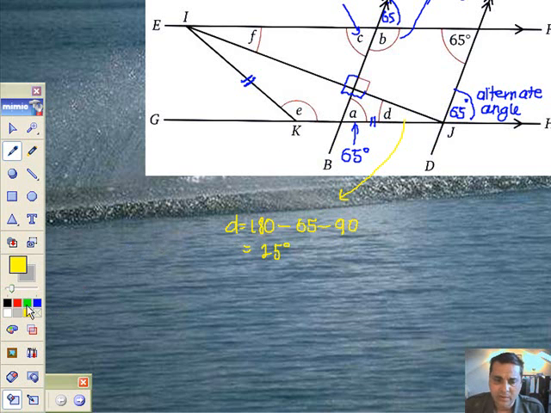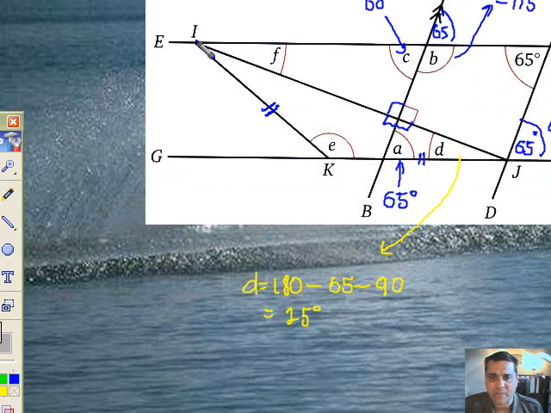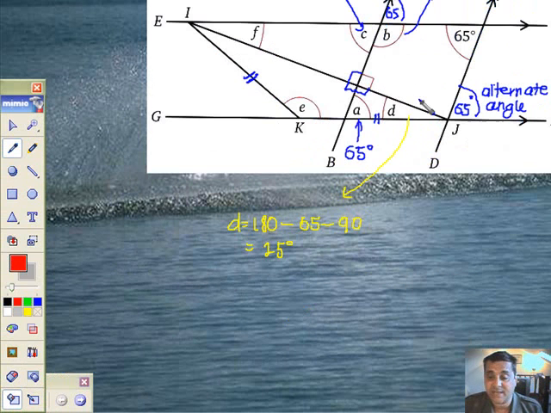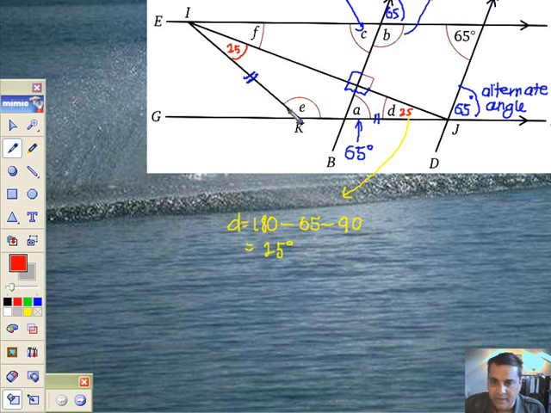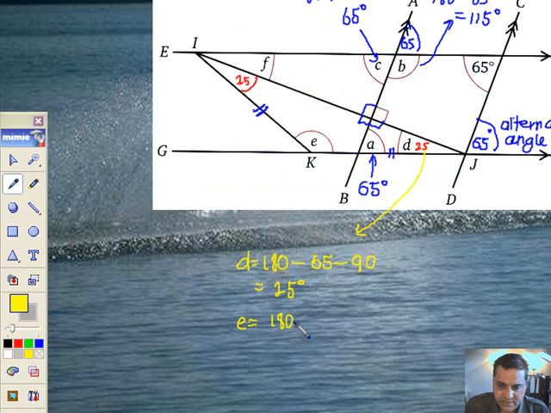Now after D comes E. Now look, here's a nice piece of information. I'm told that IK and JK are equal in length, which makes the triangle IKJ isosceles. If that's the case, then angle D being 25 there is also 25 in this corner here. So I've got a 25 there and a 25 there. So I've got an isosceles triangle. So let's just go back to this then. E is going to be 180 degrees, it's a triangle. Take away my two 25s.